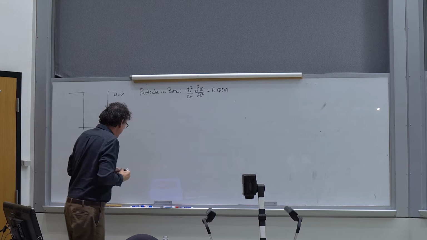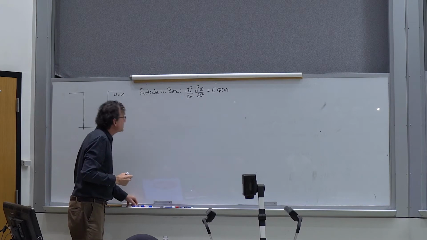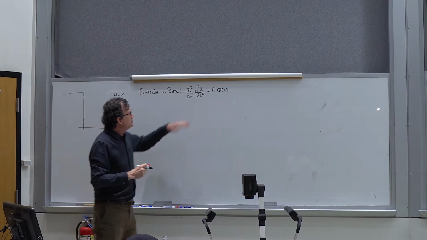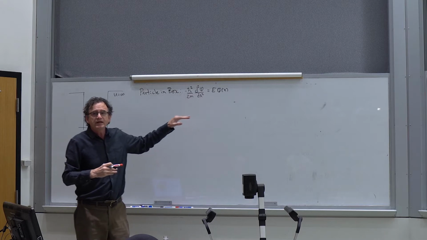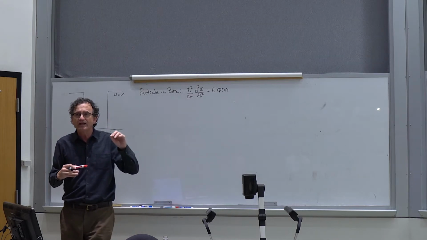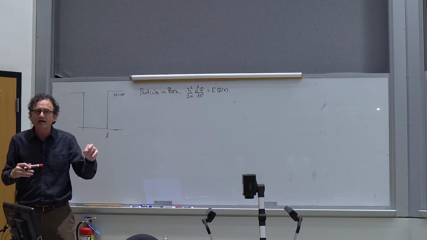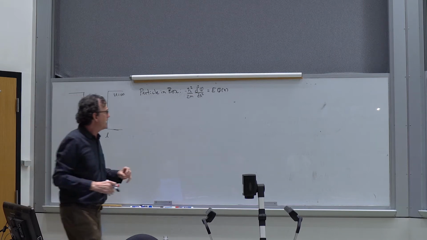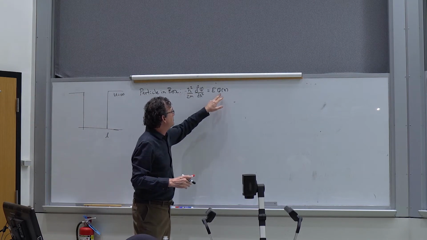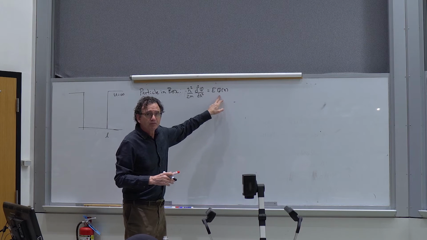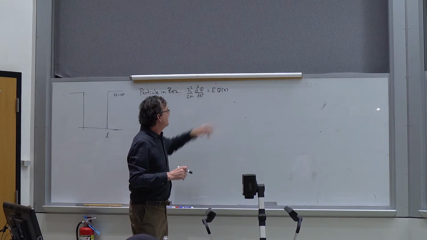And we worked through the solutions, and what we said was that the usefulness of this equation is that it tells us what are the allowed energy levels that a particle can have, and it allows us to solve for the probability function, or what we call the probability amplitude, phi.